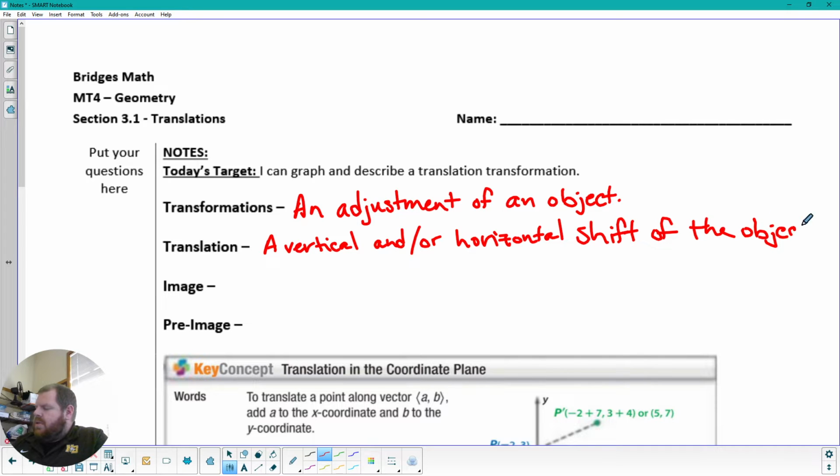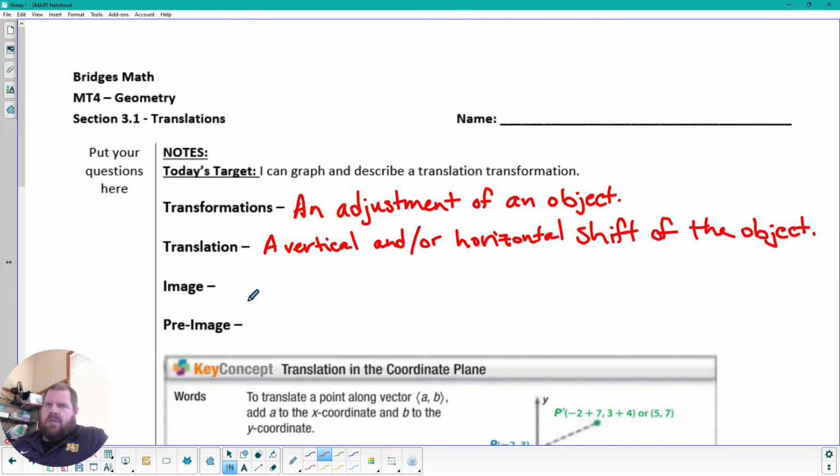Now, the object in question can be anything. It can be a point, it can be a set of points, it can be a line, a triangle, whatever. And we're just going to look at a horizontal and or vertical shift of that object.